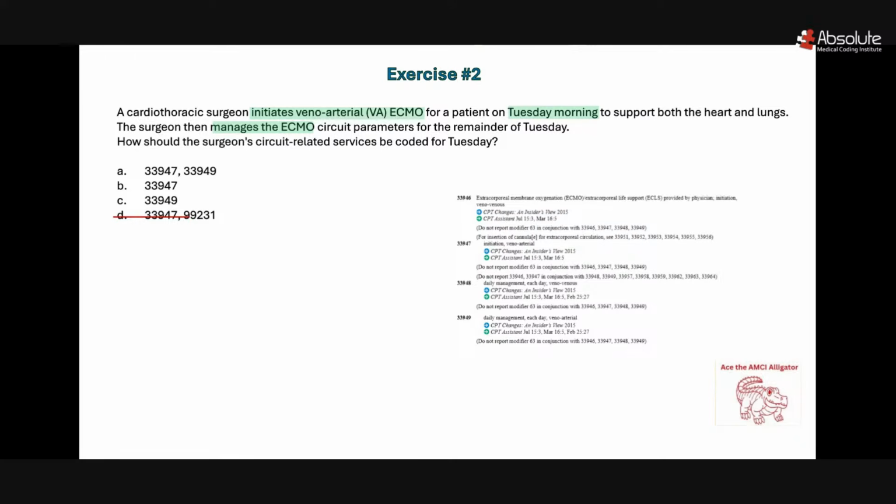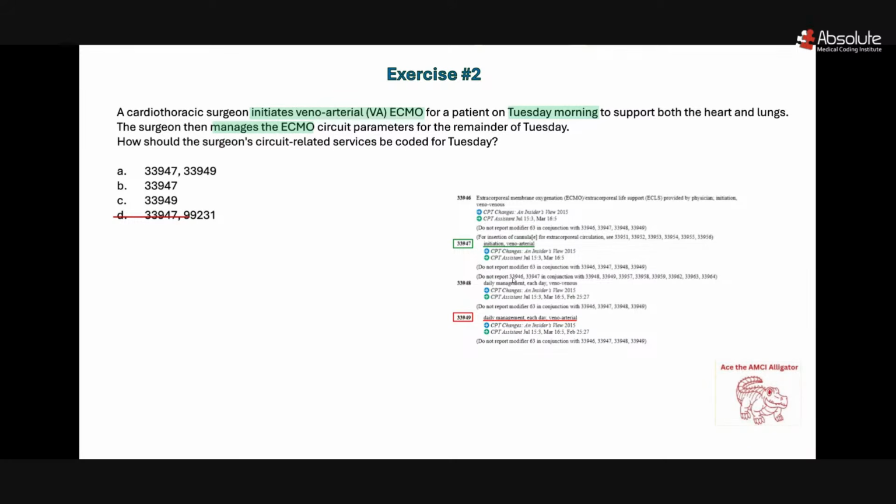In this scenario, the surgeon did the initiation and managed the ECMO circuit. So you should not assign a 99231 E/M code along with this procedure.